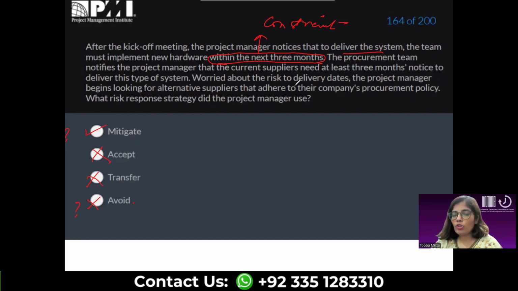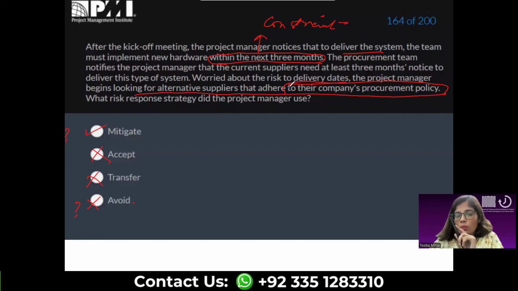Now the situation is that you have a delivery-based risk. The project manager is looking for alternative suppliers, and yes, there is one more element: they should be adhering to the company's procurement policies as well. That's also something you need to take care of while coming up with a response plan.